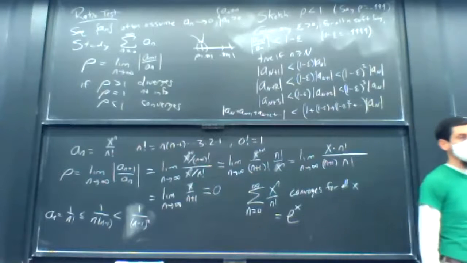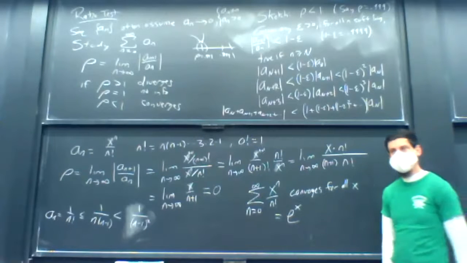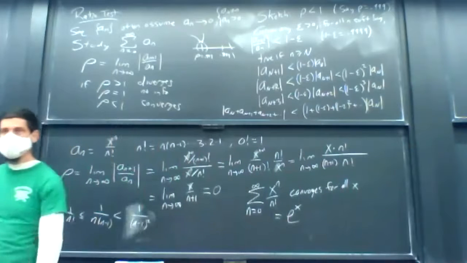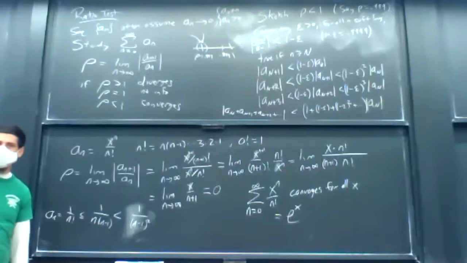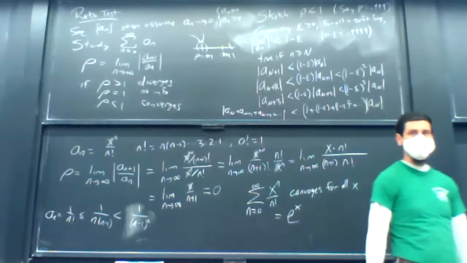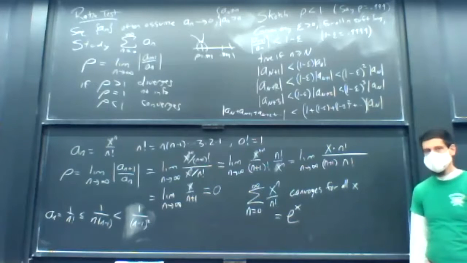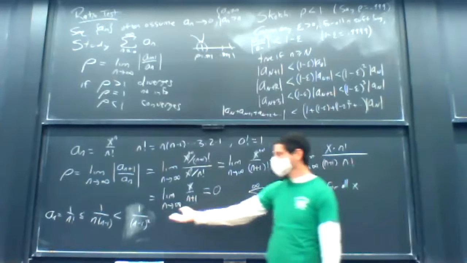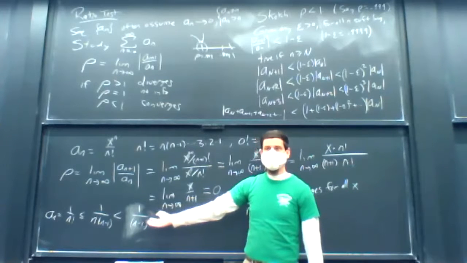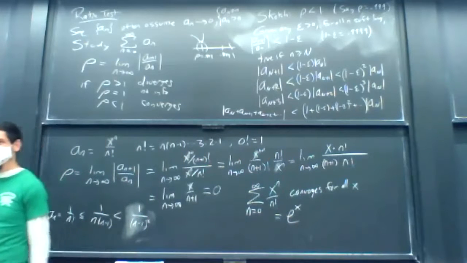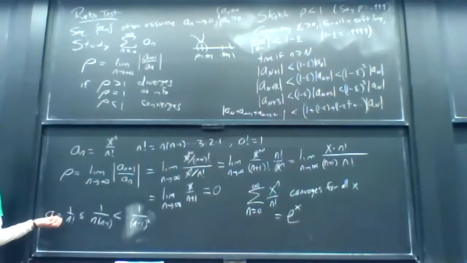What could I compare that to? We've done this sequence already. One over n squared. It's just shifting everything by 1. So if I rename everything, if I just shift everything over by 1, it's not going to affect whether or not it converges. So I can compare this to 1 over n squared.